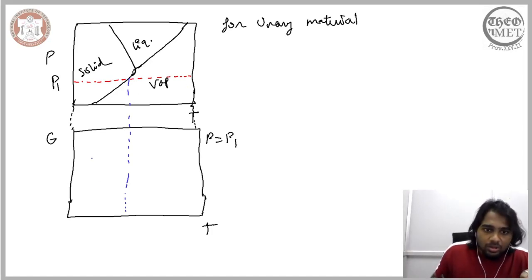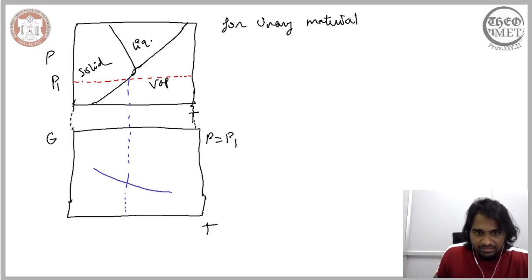So what we essentially have is, if the blue line represents the change in the Gibbs free energy with respect to temperature for solid, it would look something like this. And of course, it's a curve, so it will look something like this.